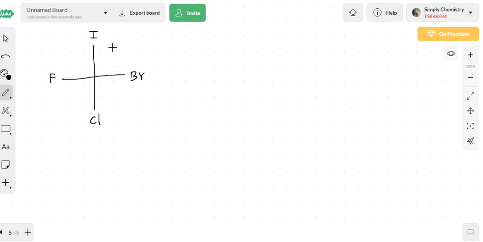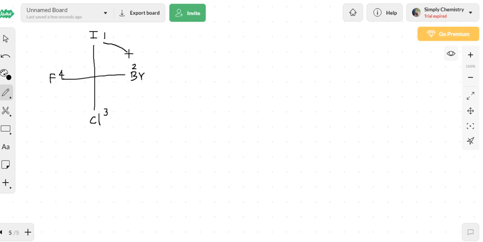So here I'm showing you how to do it. So we already saw how to get the Fischer notation from the wedge notation. So we'll assign the numbers 1, 2, 3 and 4, you could see that the least priority group is not projecting below.